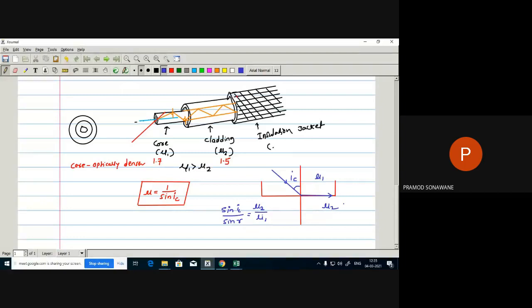The second medium is air, so mu2 is 1. Okay, means I can write here.